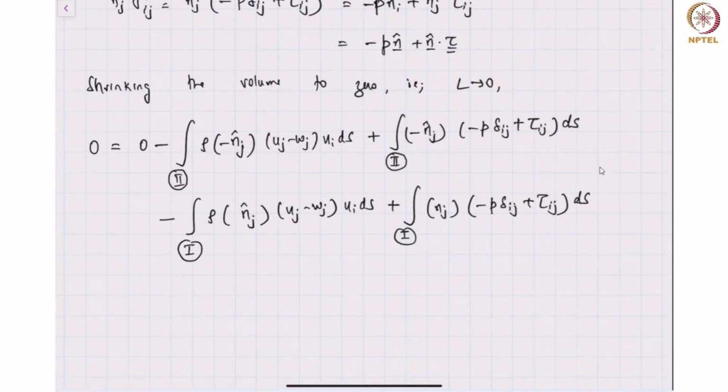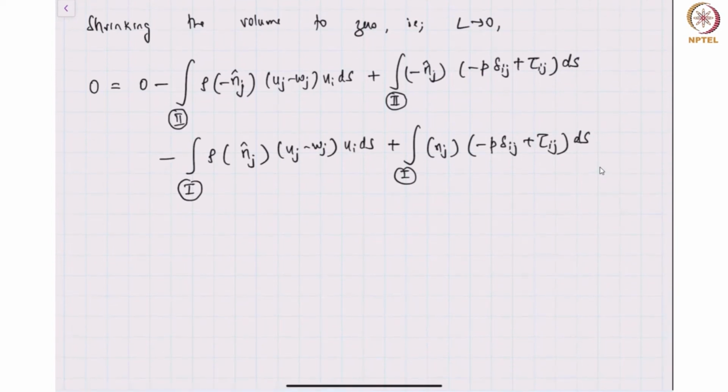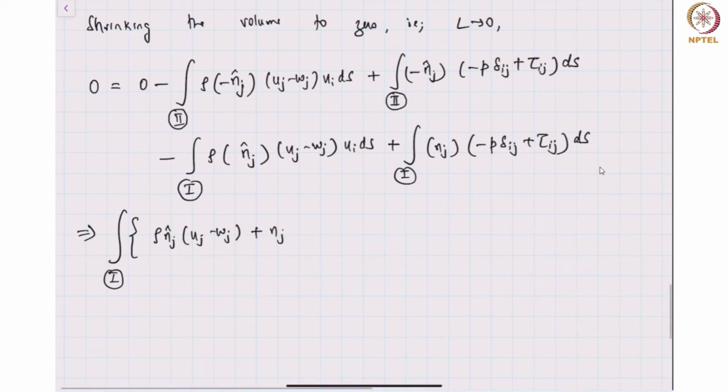Okay. Now I can combine terms of similar nature. Let me first combine all the terms over region 1 and region 2 and take them to the two sides of the equation. What are the terms over region 1? If I take them to the left hand side, I have rho Nj, Uj minus Wj, plus Ni P minus Nj tau ij.